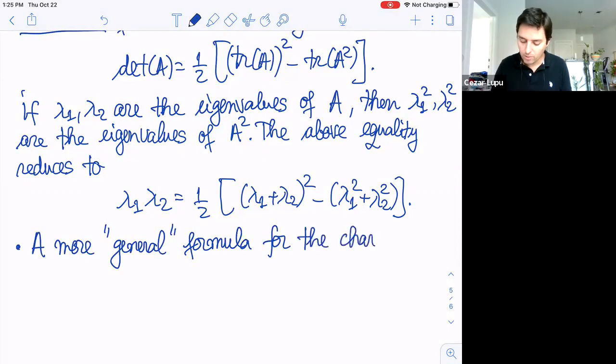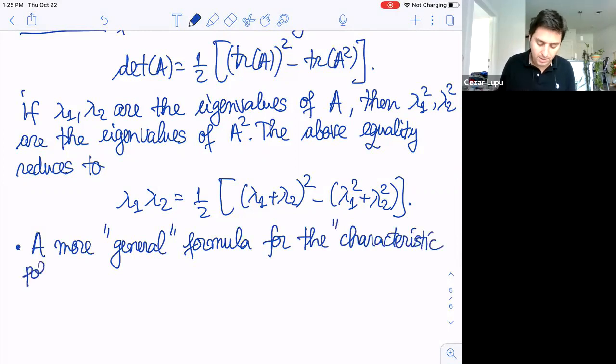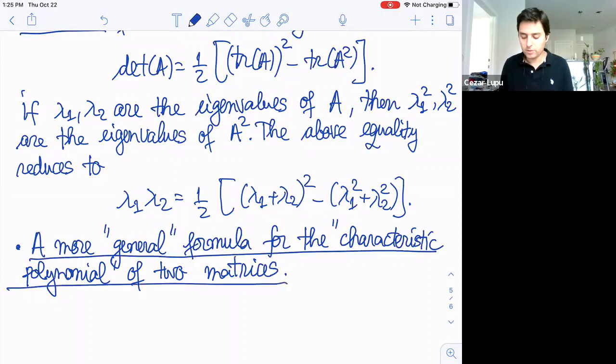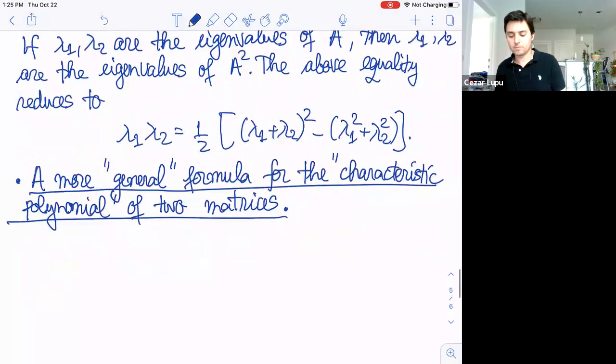And again, I'll put characteristic polynomial in quotes, because it's not quite a characteristic polynomial of two matrices. I'll explain immediately what I mean by that, and you'll see how useful this will be in applications.